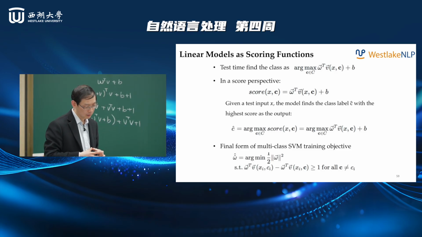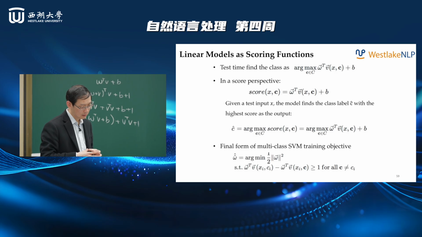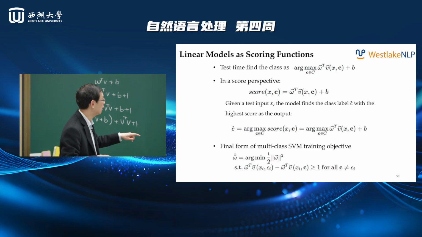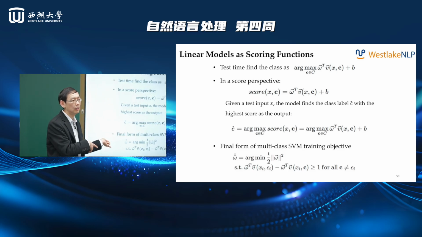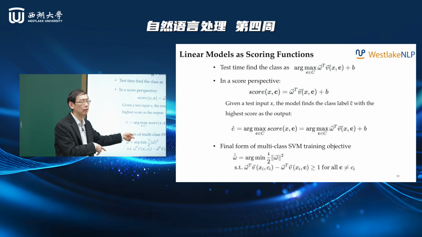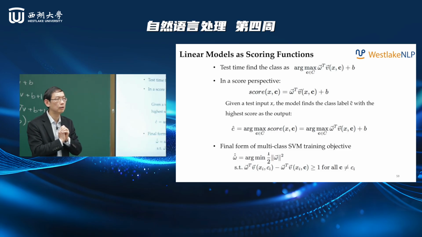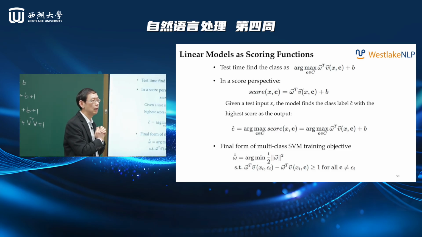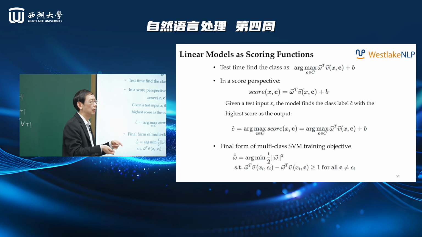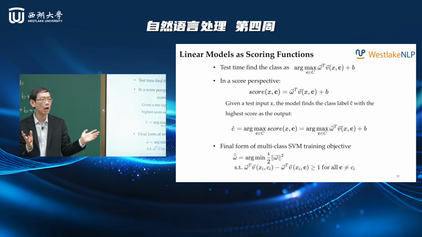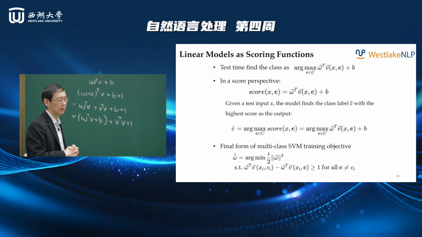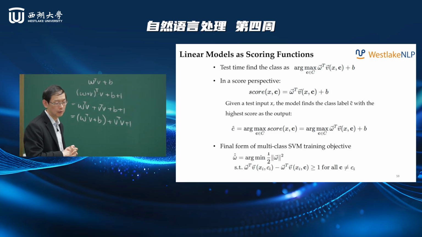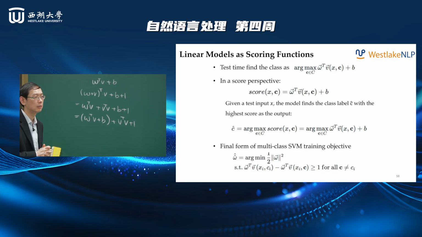In the end, I only care about omega times V(D, C). That's my model score. My training is to make sure that the correct one is stronger than the incorrect one. My testing is to say, given D, I want to find the C that has the highest omega times V(D, C). All right, so that's my new formula of multi-class SVM.